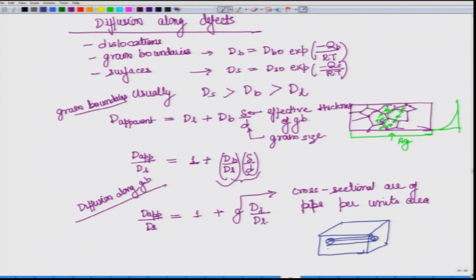So, the diffusion will take place along these pipes, and this G is talking about cross sectional area of pipe per unit area. So, basically if this is the total area, what is the sum of all the area of these cross sectional pipes is what this G factor denotes. So, as you can see, if you have very large dislocation density, the G factor will again be very much larger, and therefore, this relation would look like this, and here this will be a very strong contribution.